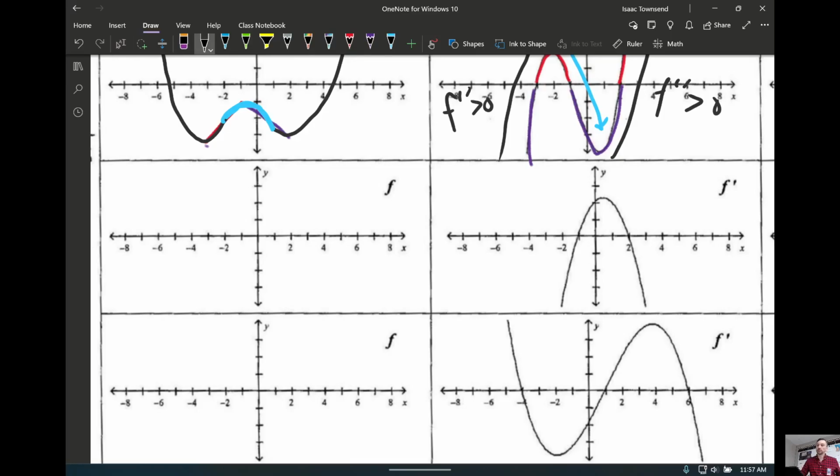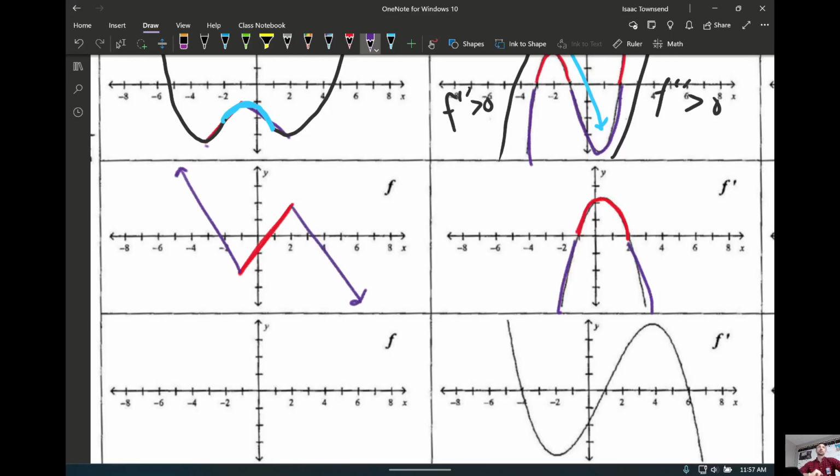Okay, does anyone need more time for the function part? Because obviously we need to check it, and there's not just one correct answer here. Okay, then your answer for this third row could be correct if you have it increasing from -1 to 2, as long as it's going up during those times, and decreasing from -infinity to -2 and 2 to infinity.